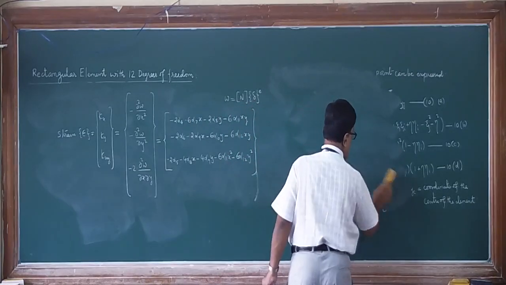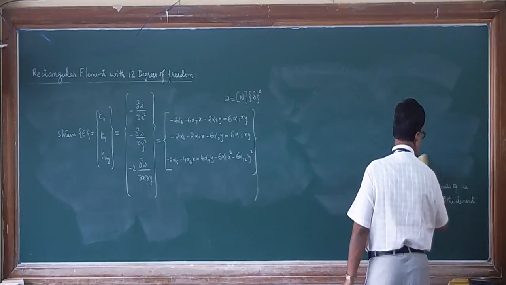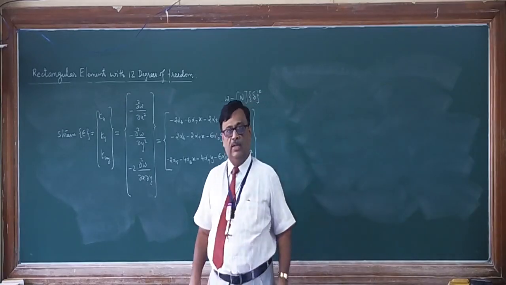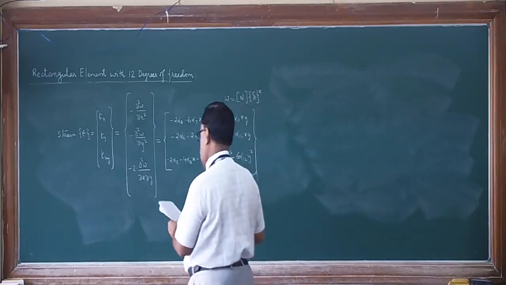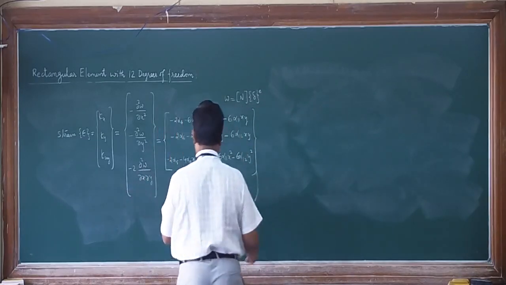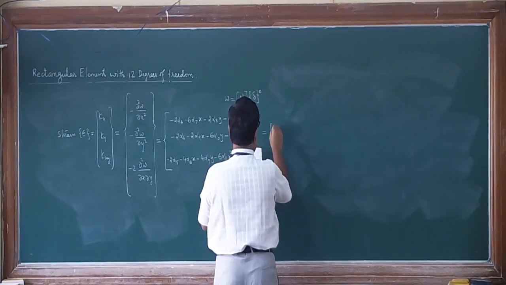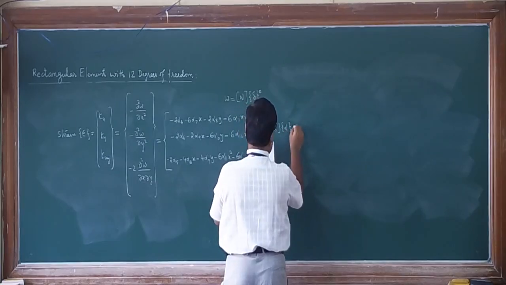As you know, strain is always the product of B into Q, that is the strain displacement matrix into the displacement vector. So from this I can now rewrite the whole thing, which is equal to Q alpha.